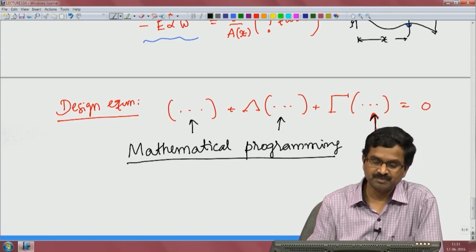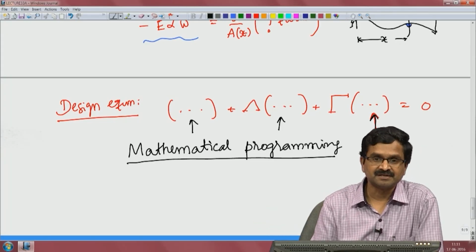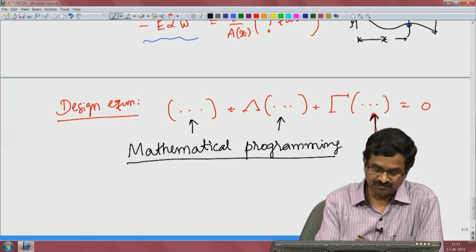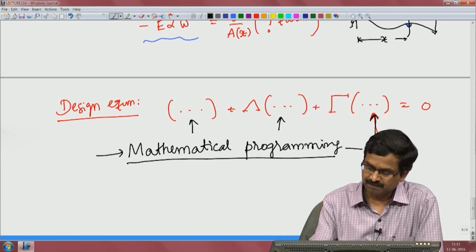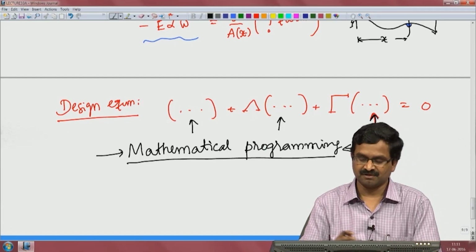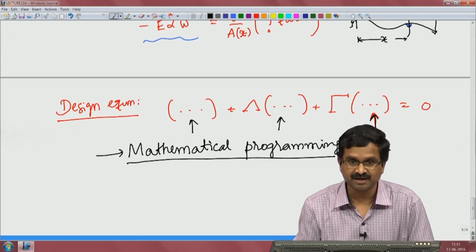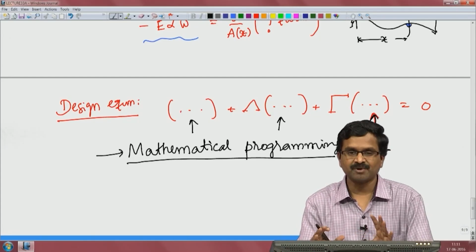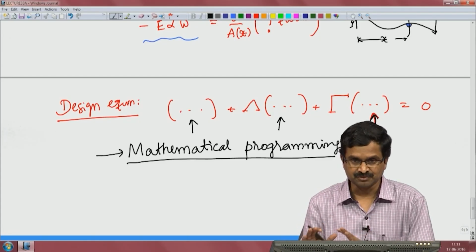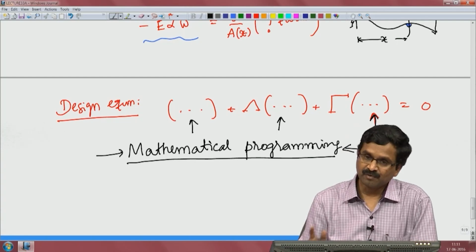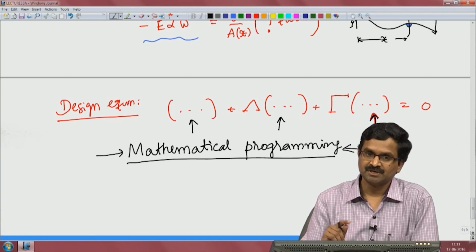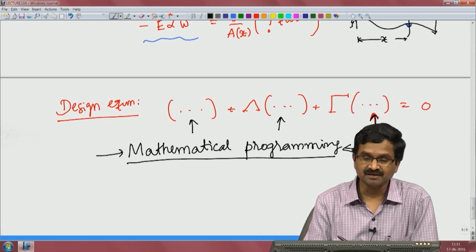That will be time consuming, whereas now we have analytical gradients. That is, if you want to use these package programs or black box programs, where you just supply your problem and the gradients, they will give you the solution. But if you want to write your own programs, the design equation is still useful.